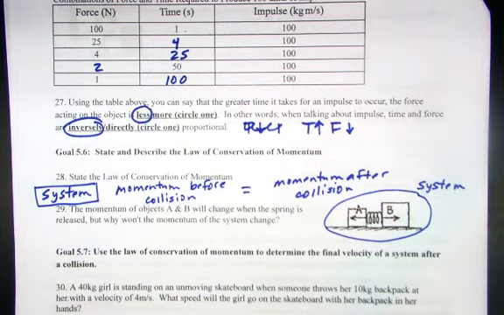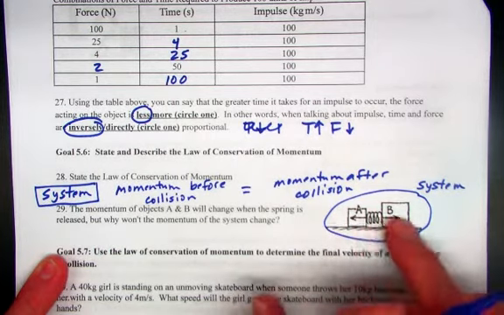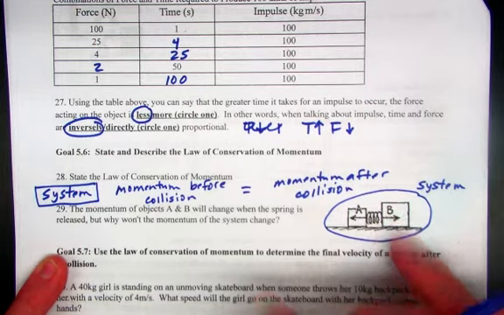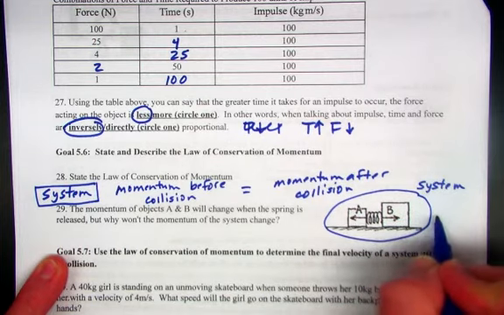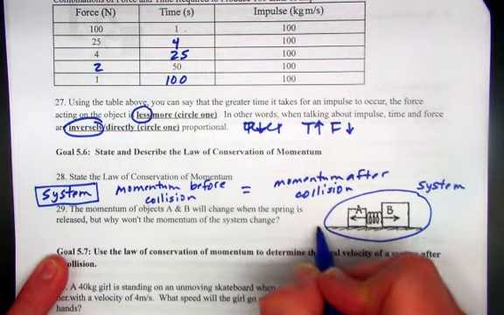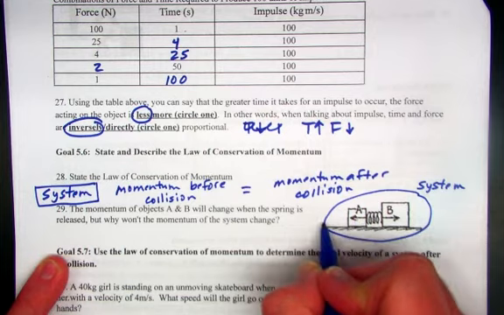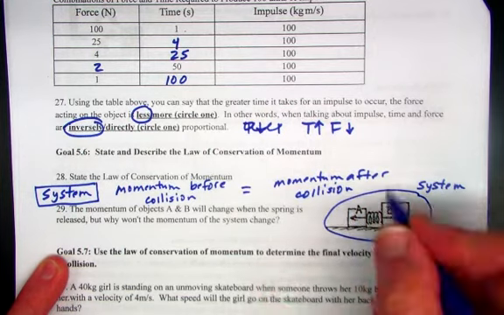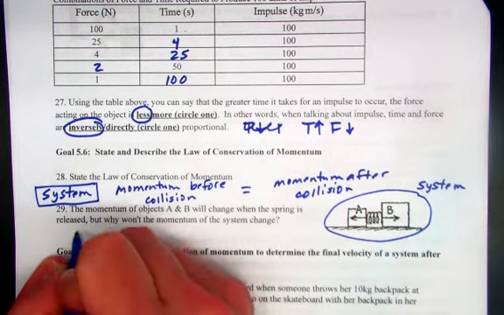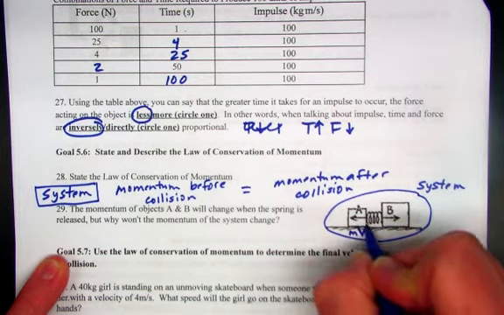If we figure out why, if you look at them, A and B are probably going to go different speeds because B is more massive, so it's going to go a little slower, but it's going to the right, A is going to the left, and so it's going to be negative. It's a smaller mass, but it's going to have a greater velocity. So we could think of it like this. The mass of A is little, but it'll have a big velocity.